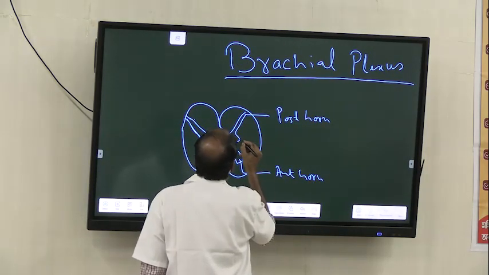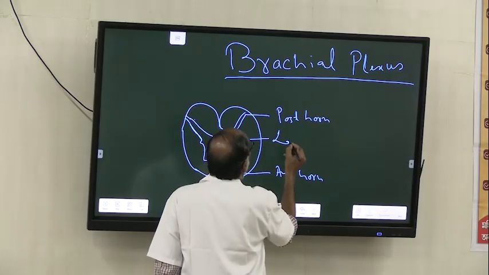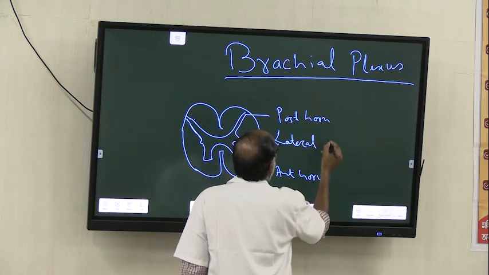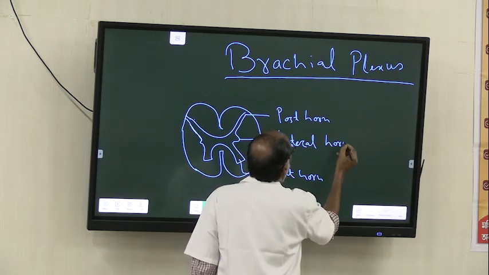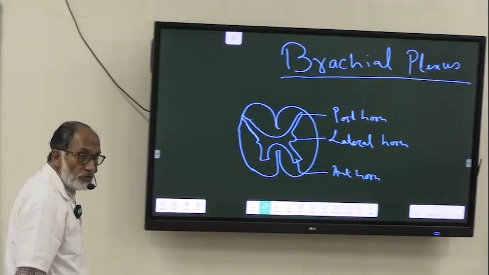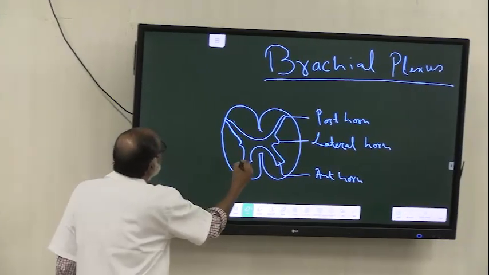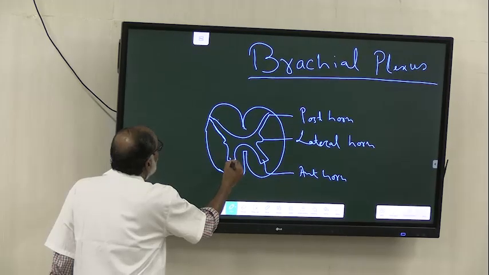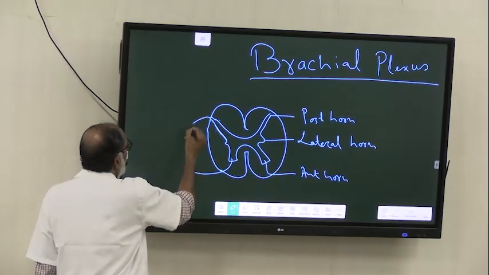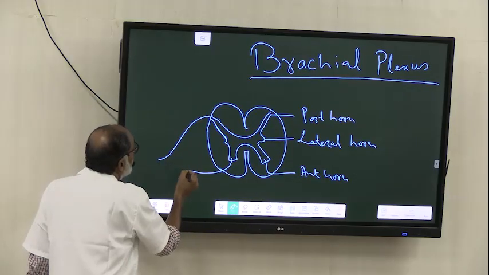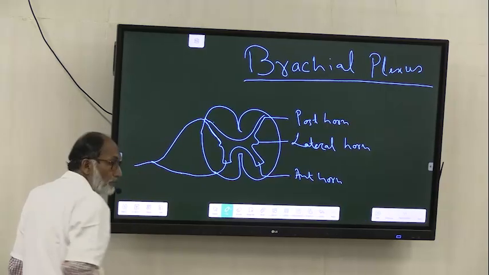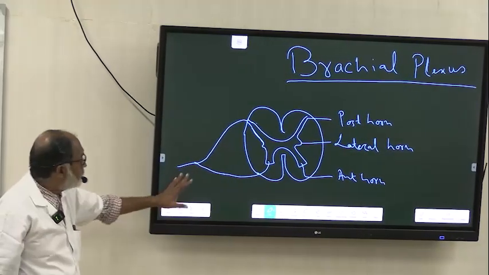And this is lateral horn. Lateral horn. Now, from the anterior horn, some nerve fibers are coming out like this, and from the posterior horn, another fiber is coming. They are meeting to form a mixed nerve. This is called spinal nerve.